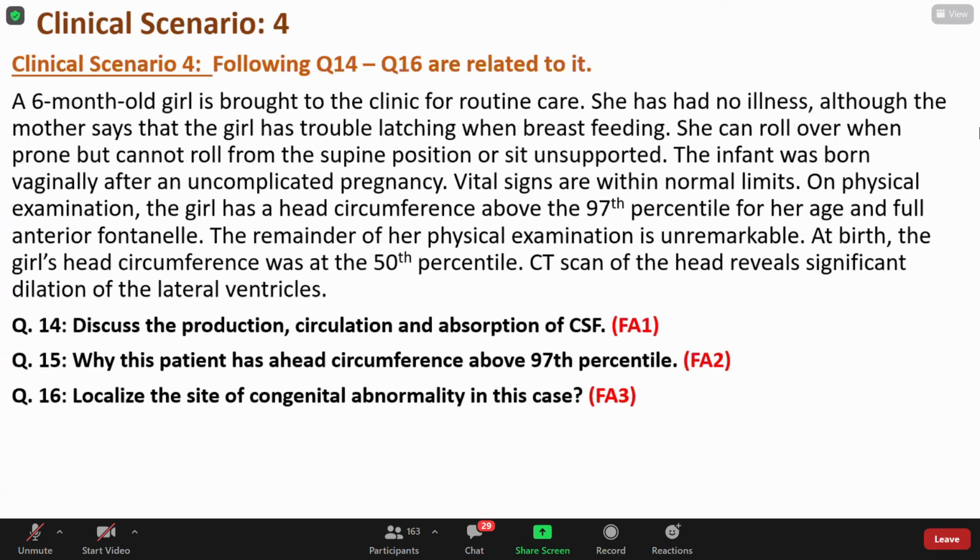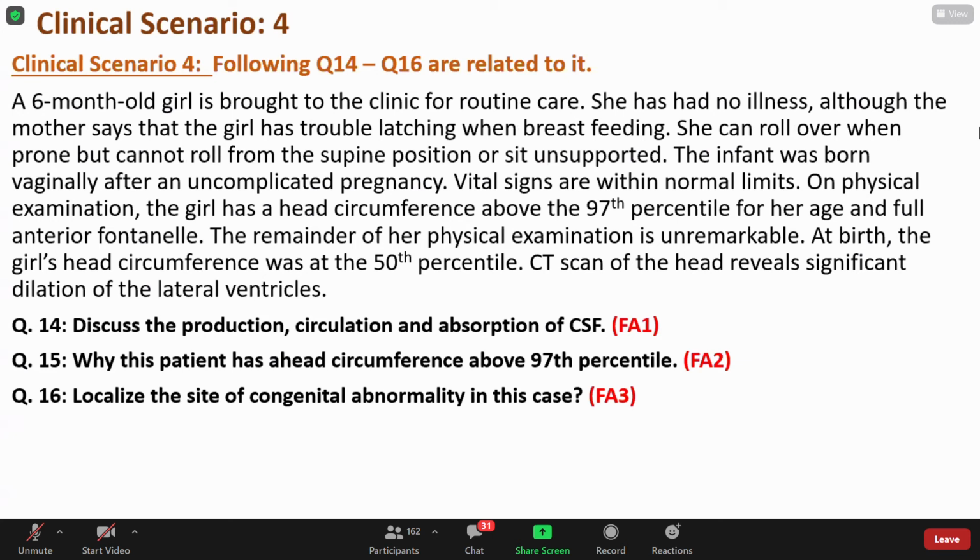So if we're talking about production, then the main site of production is in the lateral ventricles, because the lateral ventricles have these modified ependymal cells called the choroid plexus. It's not only lateral ventricles, all the ventricles would have choroid plexus.